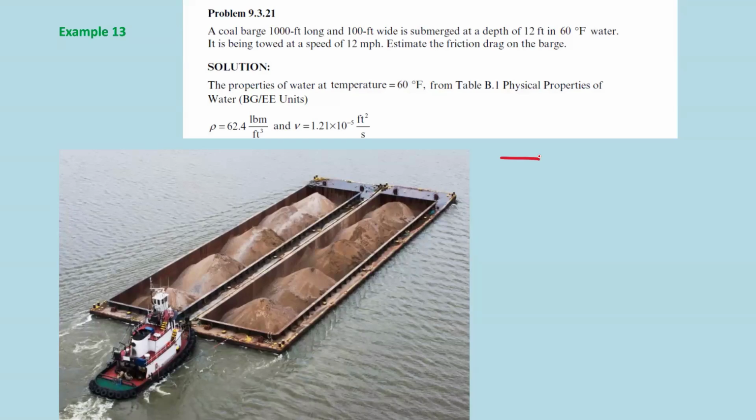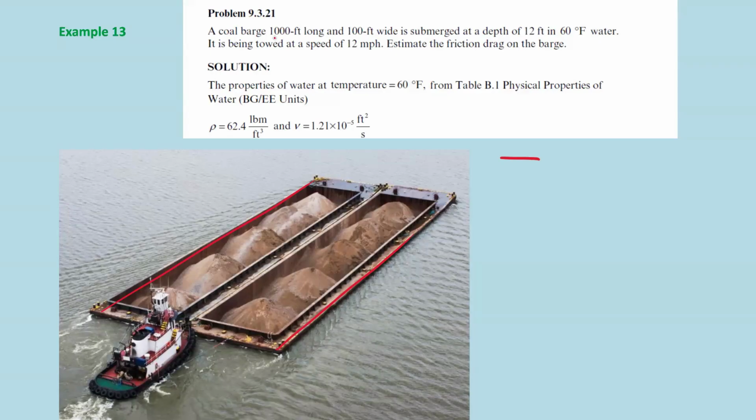force. So this is one of the questions from the book. It says that you have a coal barge. If you don't have any idea, that's a kind of barge that they carry coals over the sea or open surface waters.